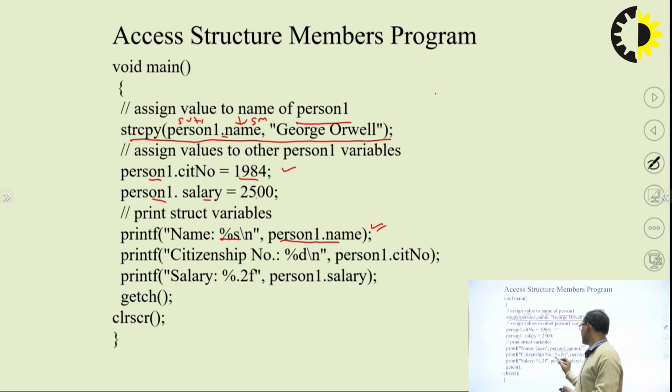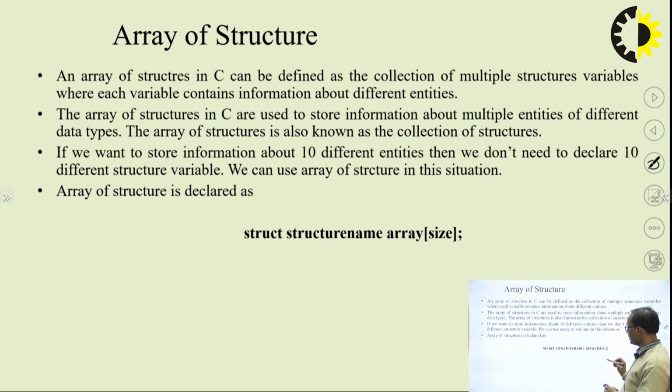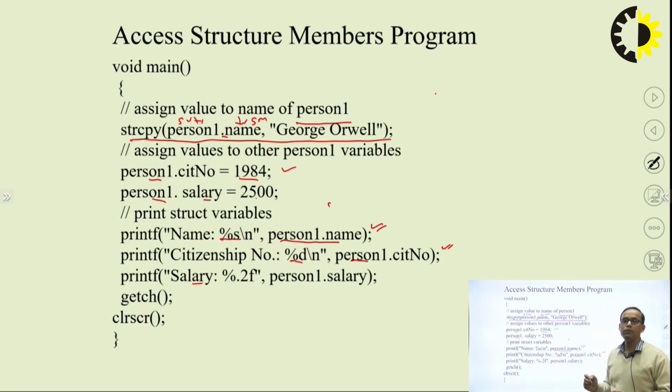Now this is the second statement, citizenship number. Since this number is of integer type, again structure variable dot structure member, it means person1 dot city number, then this value will be printed. Okay, now when this statement executes, since this is float type, this value will be printed in this case.